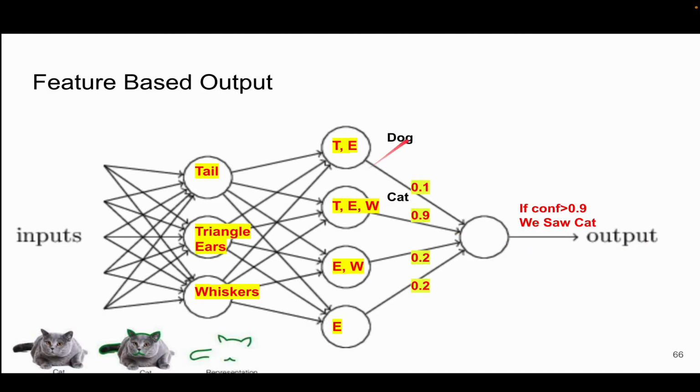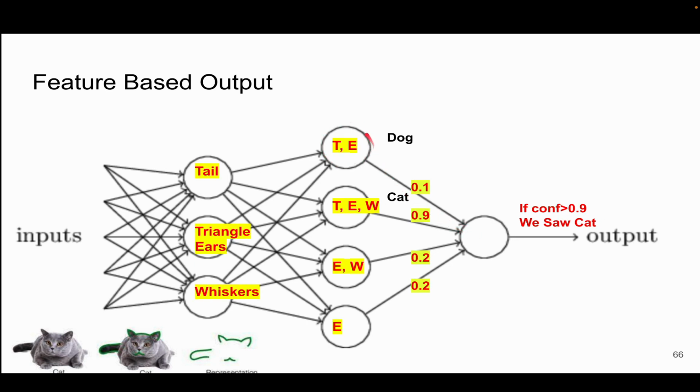We just use those features and find the result. So in this case again, if tail and ears are there but whiskers are not present, it will look more like a dog. If tail, ears and whiskers are present, then it will be more like a cat. For example, if the value of this one is 10, and if this value is, let's suppose, 1, then it will be 0.9.